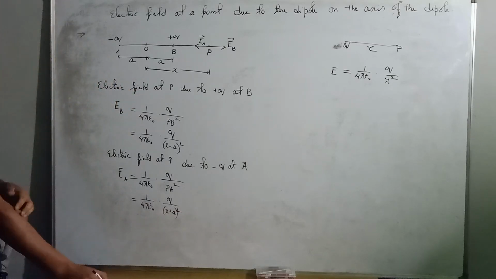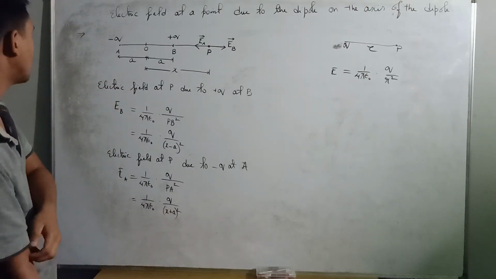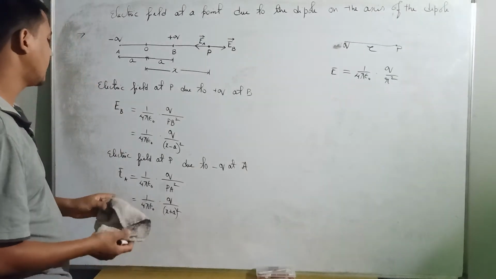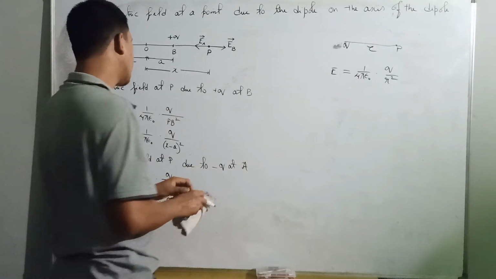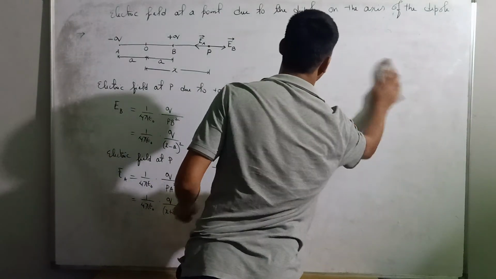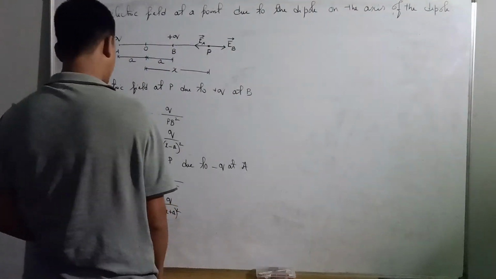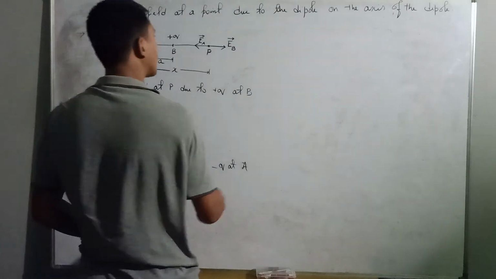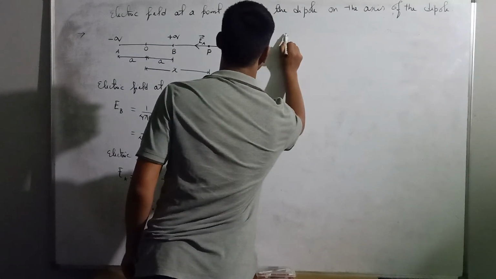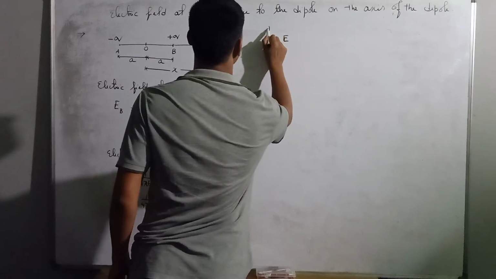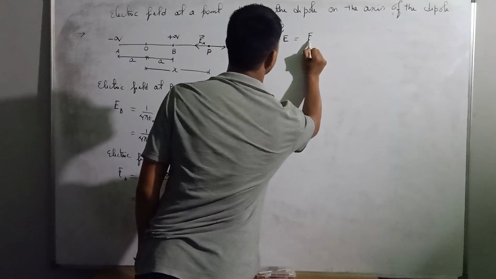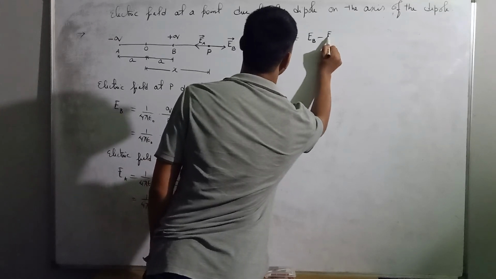So the resultant electric field at P will be given by EB minus EA. So at P, the resultant electric field will be EB minus EA.